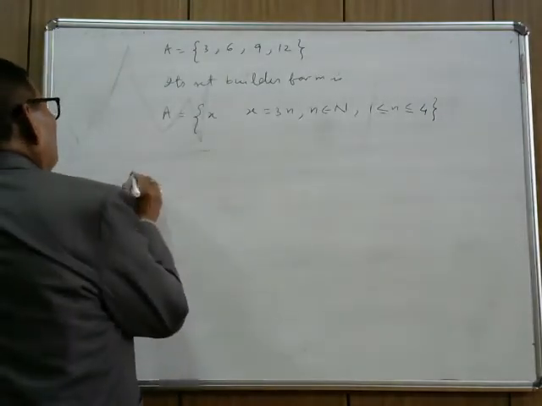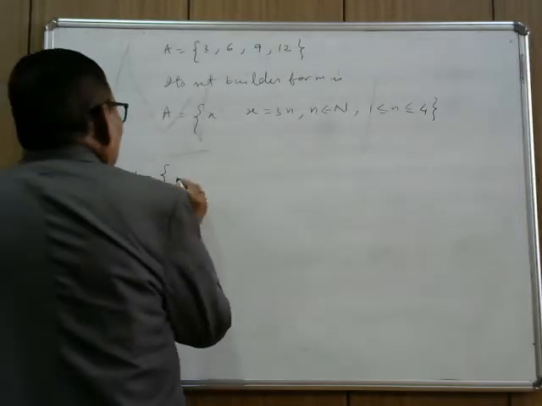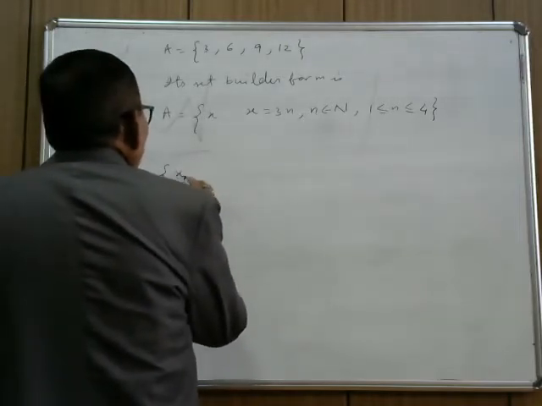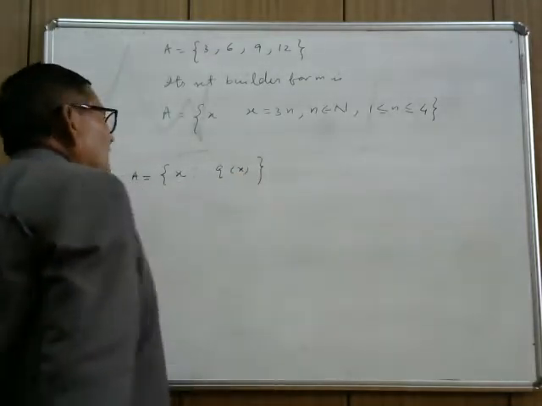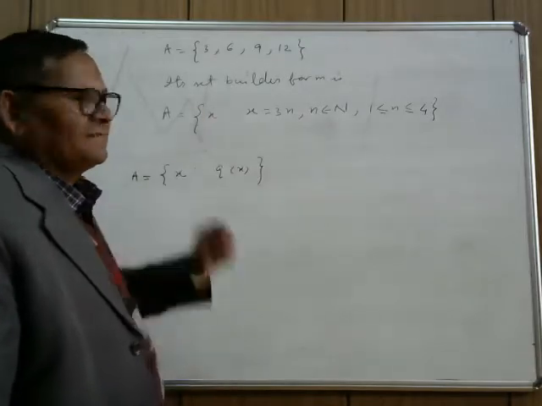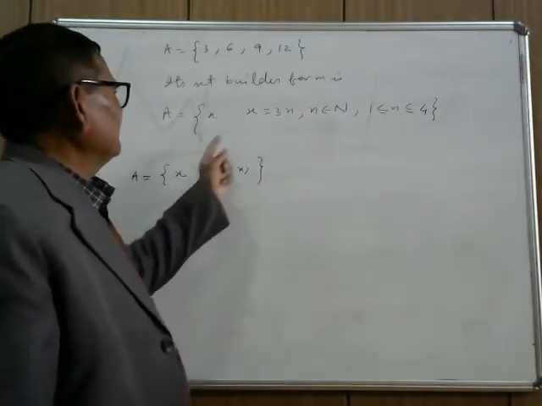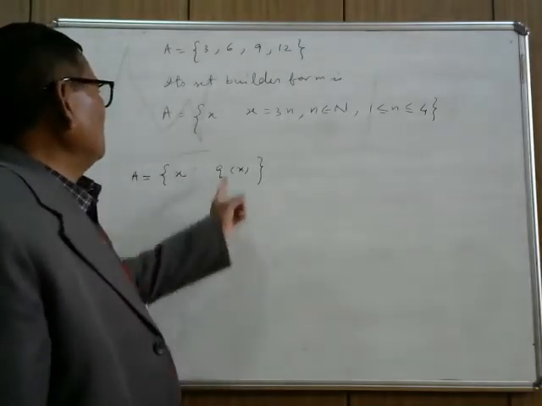I have given you the definition of set builder form. We compare this with that. This is defined as all x such that q(x). When you replace x by n and q(x) by x, you will get the same thing.